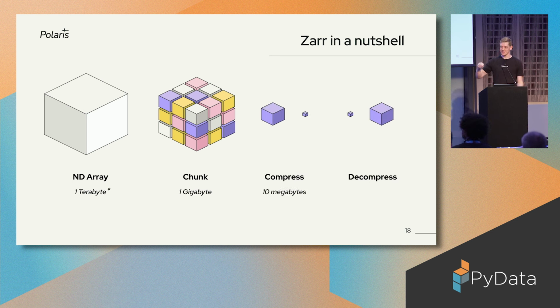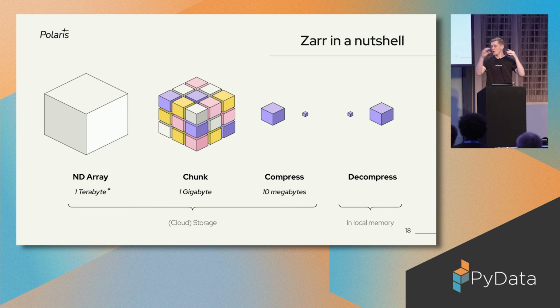But then the additional layer that Zarr adds on top is that it also adds support for compressors. So now that you have your chunk, and that chunk is maybe 1 gigabyte, you can compress it all the way down to maybe a couple of megabytes. And that may be optimistic, depending on your use case, but you can imagine that actually working out. And the cool thing is you compress it, and once you load it, you decompress it again.